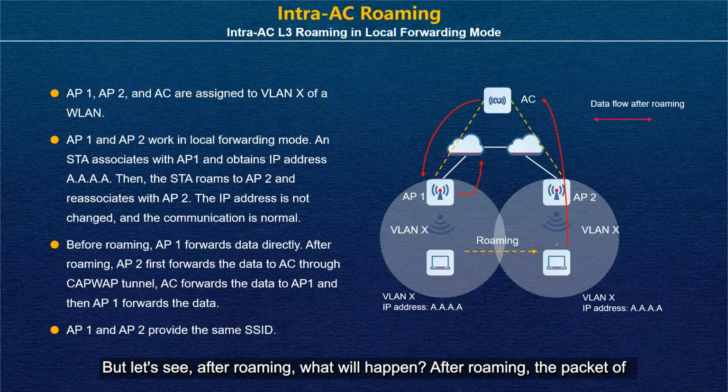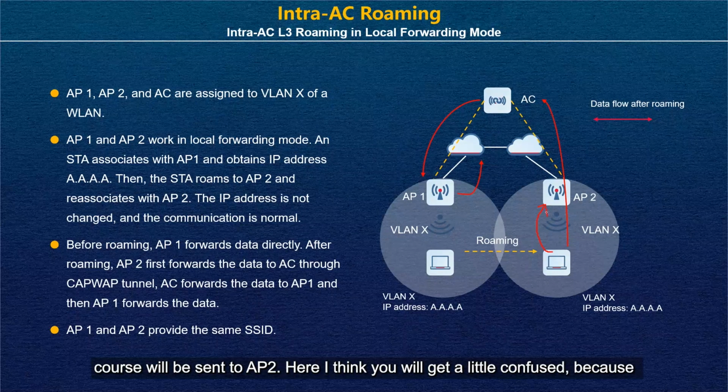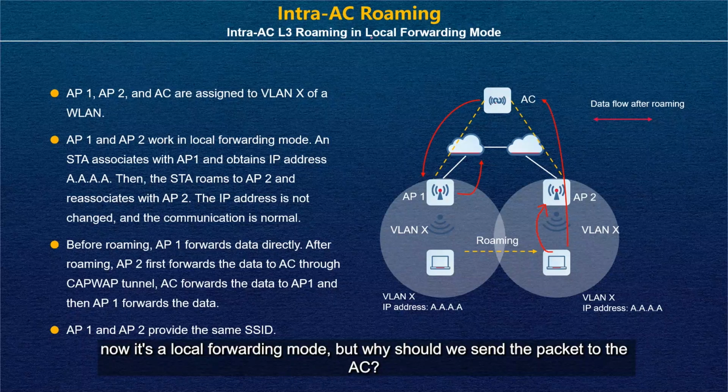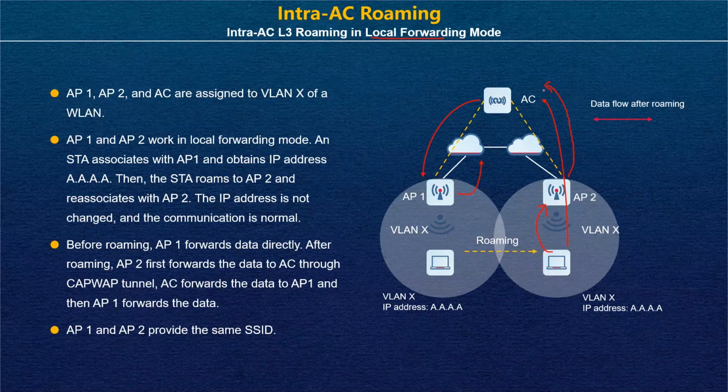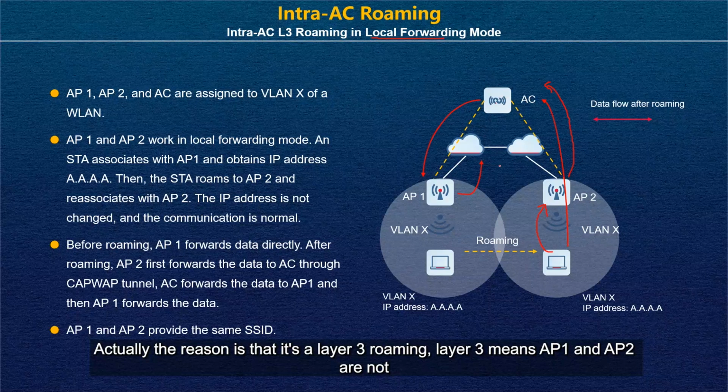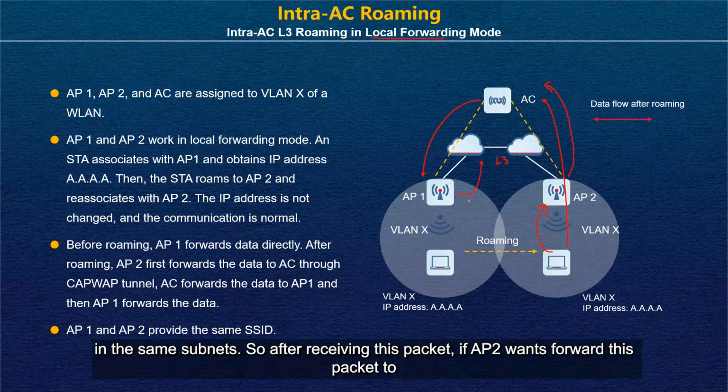After roaming, the packet will of course be sent to AP2. Here, I think you may be a little confused, because it's local forwarding mode, so why should we send the packet to the AC? Actually, the reason is that it's layer 3 roaming. Layer 3 means AP1 and AP2 are not in the same subnet.